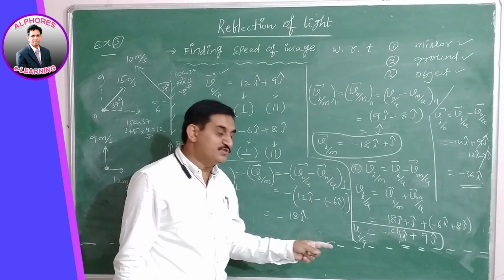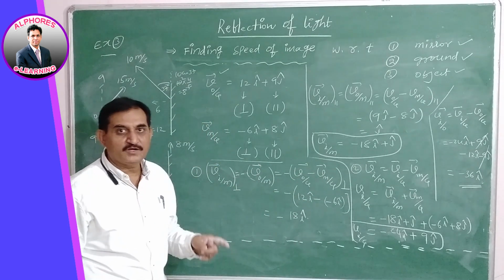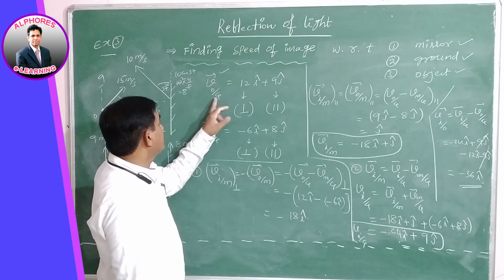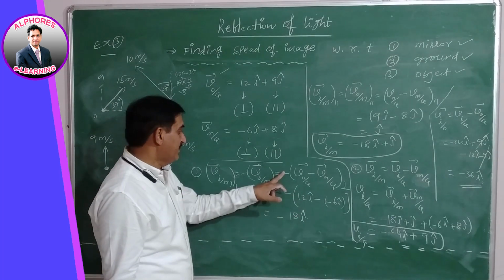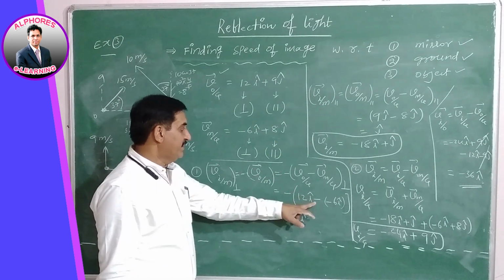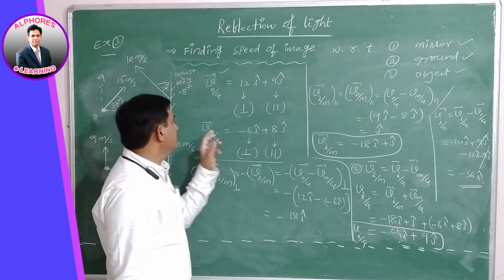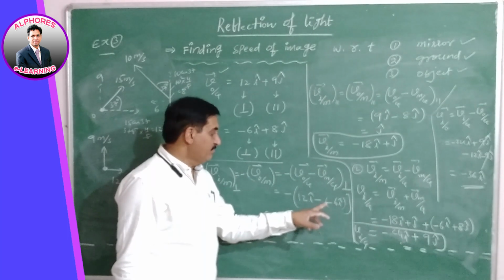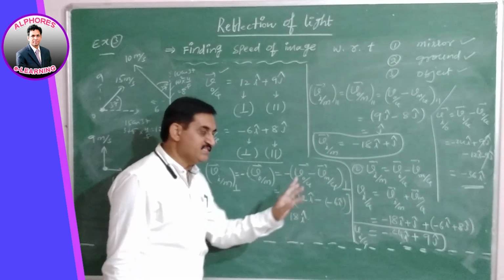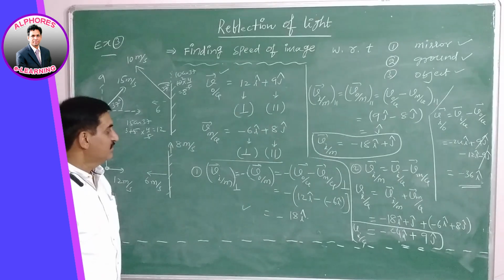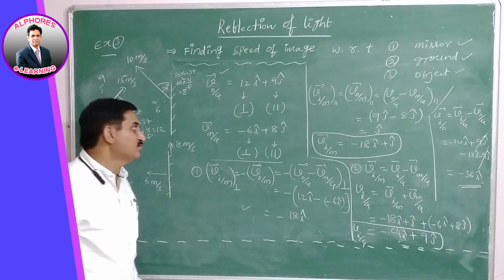Don't make a mistake over here. Object perpendicular component 12i minus the mirror with ground perpendicular component, minus 6, so minus minus plus, gives minus 18i. This is only the perpendicular component of image with respect to mirror.